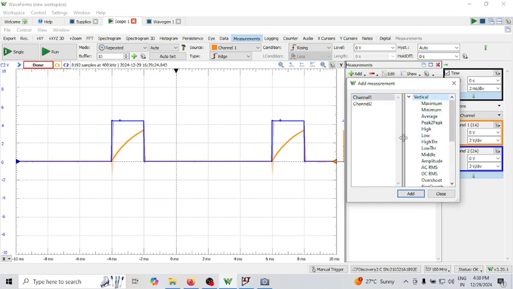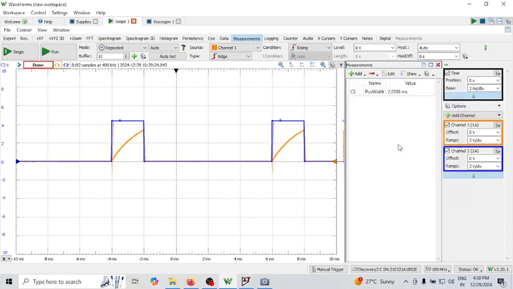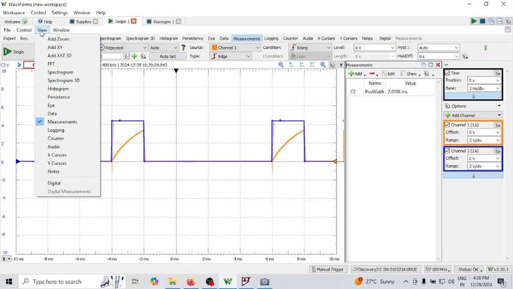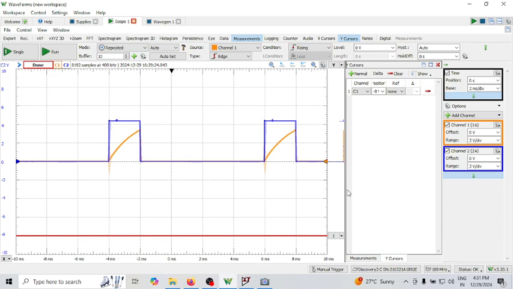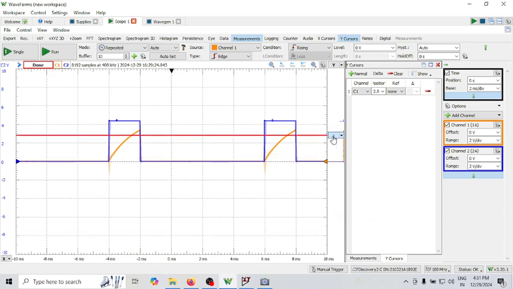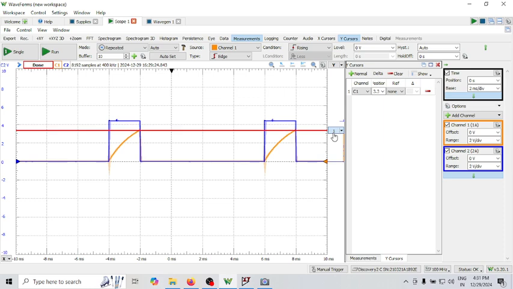Maybe that we can measure using the y cursor. Where is that y cursor? Okay, let me go to view. I can take a normal cursor and put one here, which corresponds to my 3.3.